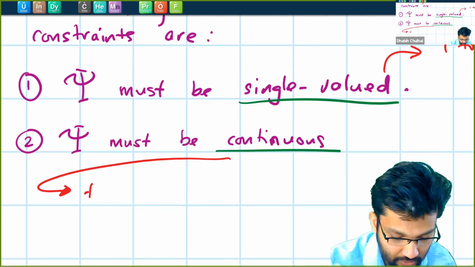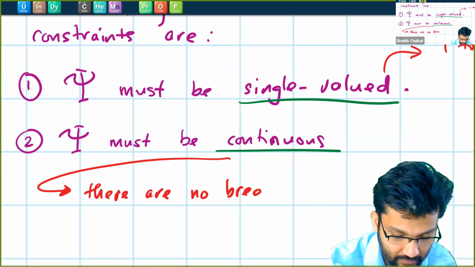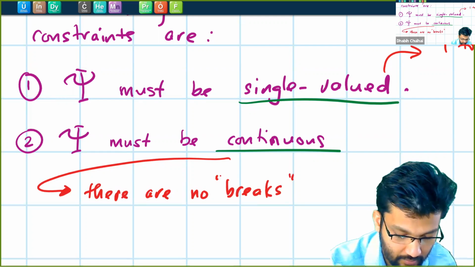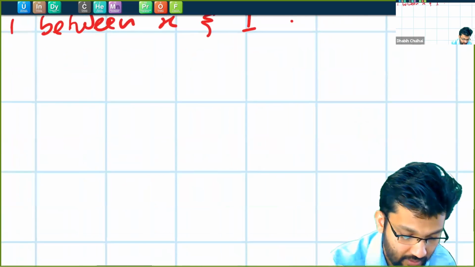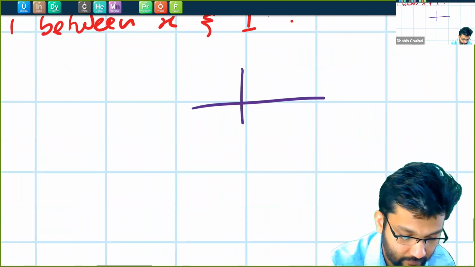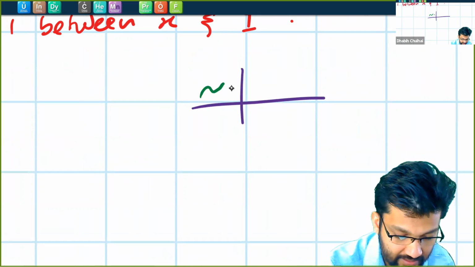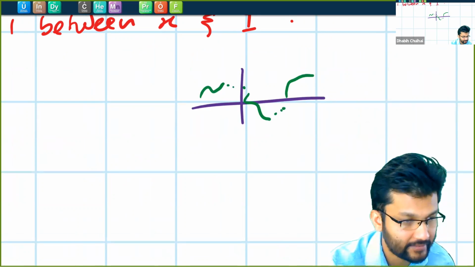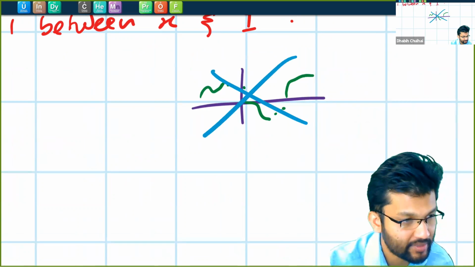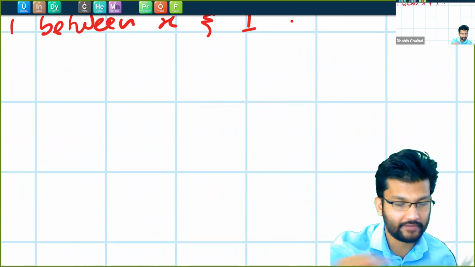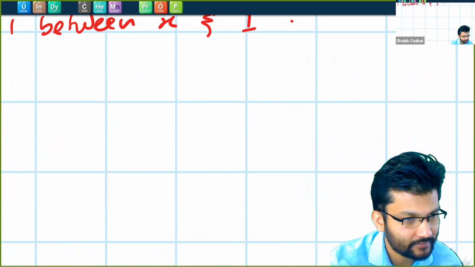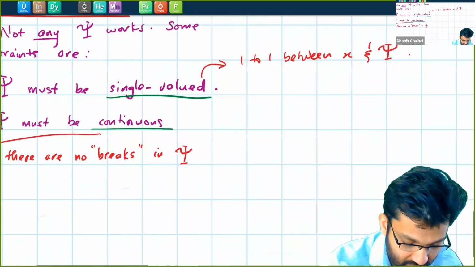Continuous just means there are no breaks in psi. So for example, if you were plotting psi, and there's a piece there, and then there's a break and a piece there, and there's a break and a piece there, right? That wouldn't fly because psi must be continuous. It must be one continuous function. Does that make sense? All right.